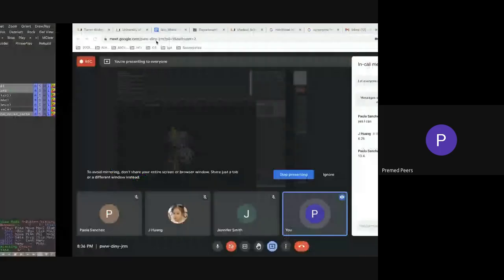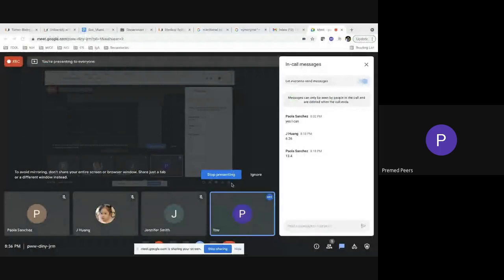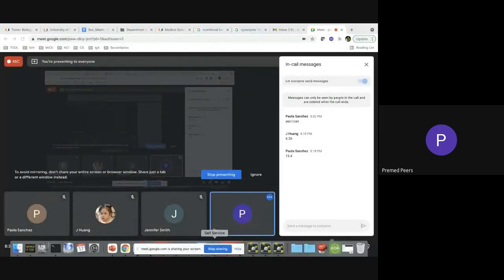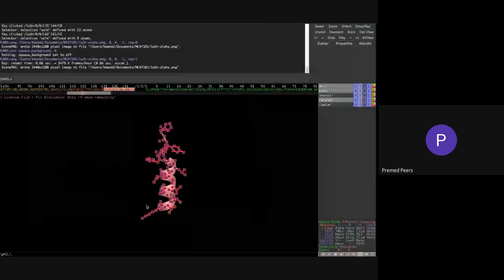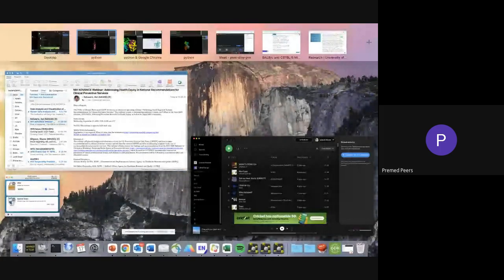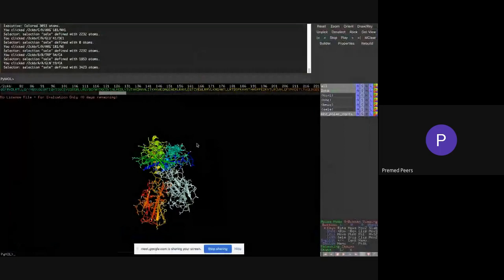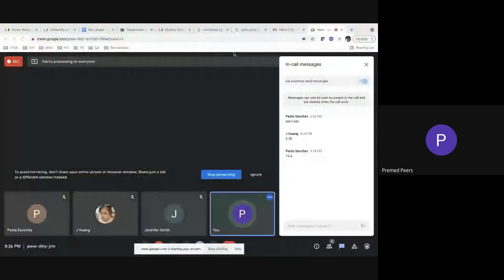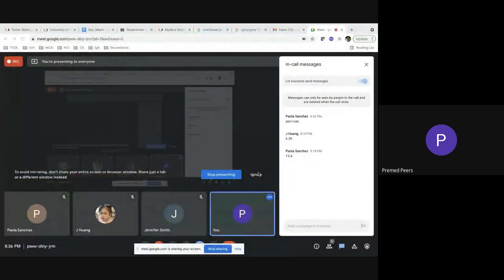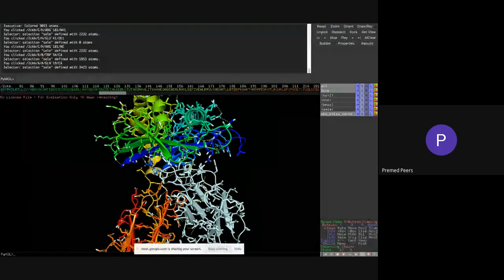Do you see my PyMOL? No, you don't. Oh my god. Okay, that's okay. Wait, hold on. Google Meet is sharing my screen though. Can you let me know if you did see my PyMOL?